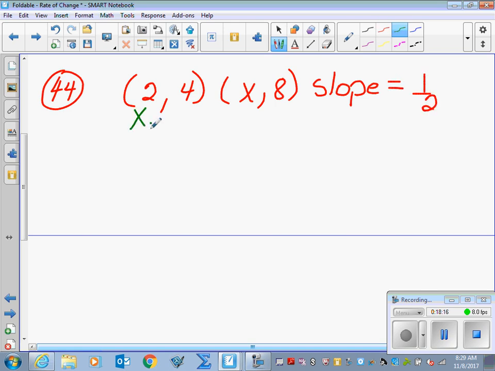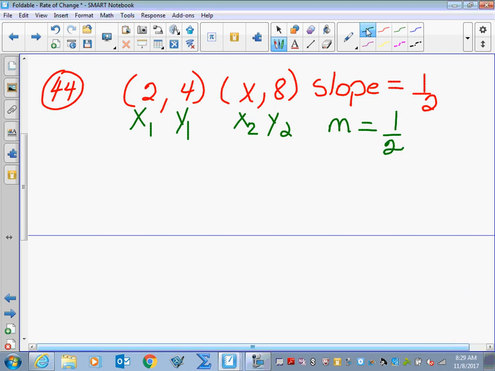All right, so I'm going to say x1, y1, x2, y2, and m equals 1/2. So then I'll write down the slope formula. m equals y2 minus y1 over x2 minus x sub 1. And then from there, it's just a matter of putting everything where it belongs.